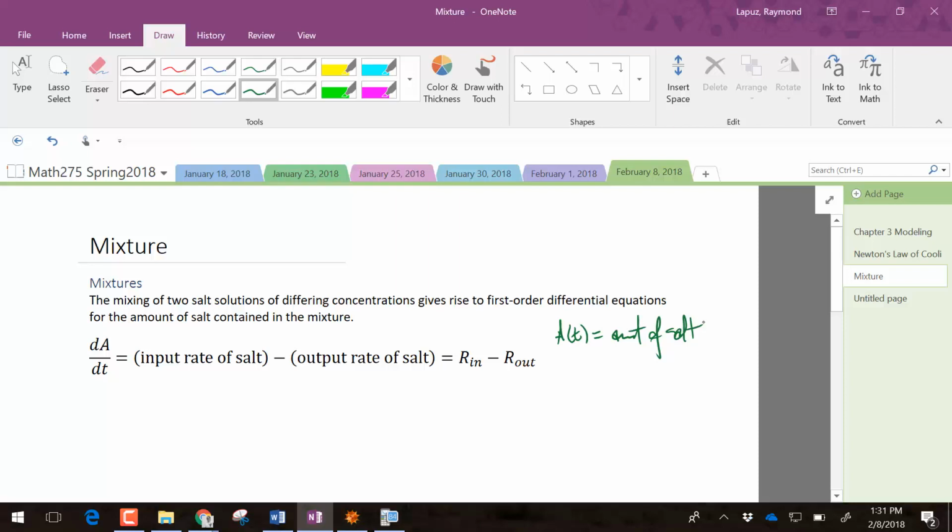And so mixtures going in, mixtures going out. So there's a change in the amount of mixture in the pot currently. So the rate of change of the salt coming in minus the rate of change of salt coming out seems like the reasonable way to describe this particular differential equation.